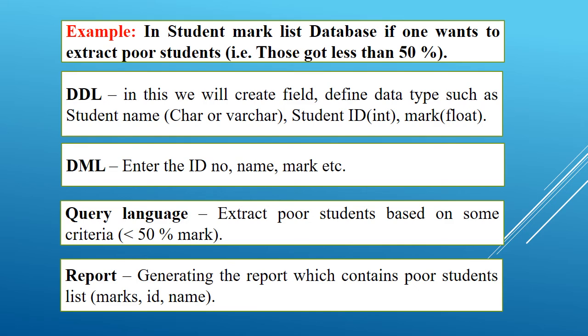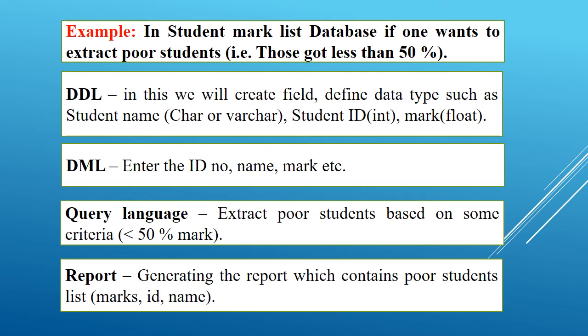The name is a character, so we can use either char or varchar. ID is an integer. ID cannot be a decimal value or character value, so the type is int. The mark can be either decimal or integer, so mark will be a float value.